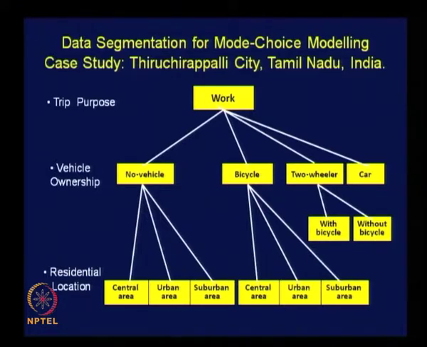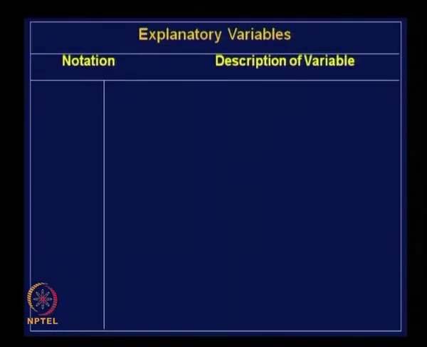Let us see how the variables were identified for modeling mode choice for work trips. We are confining our discussion to only work trips. So, let us put the information in a tabular form, notation used and description of the variable.